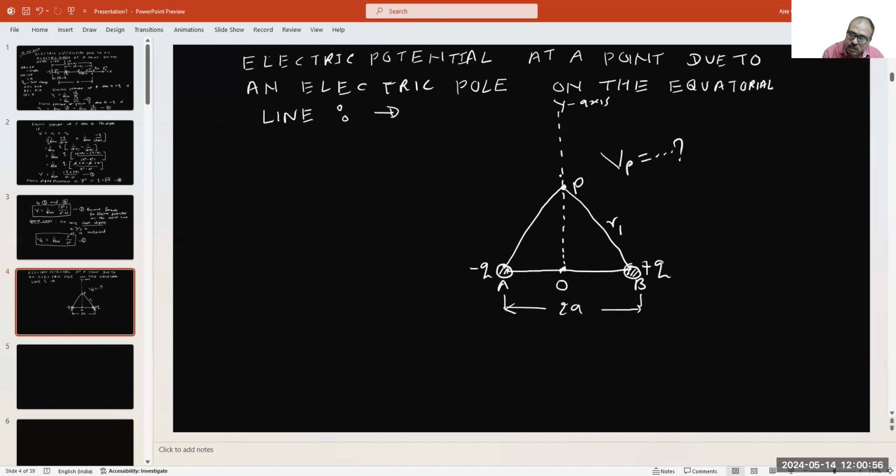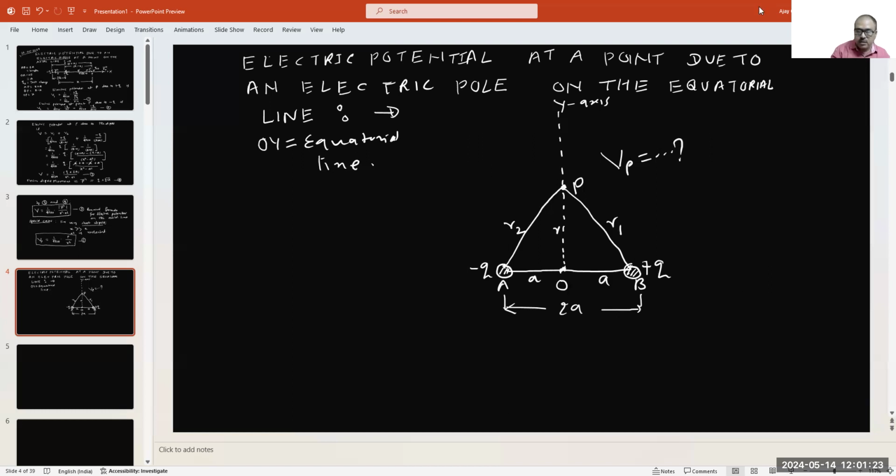If you are thinking of the negative charge later on, write R2. But where is the point P? It is at a distance r from the midpoint of the dipole. This very OY is called the equatorial line, and you can now easily calculate.